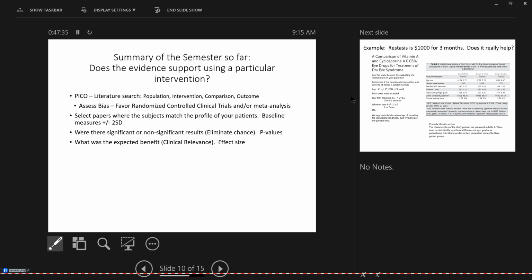So you can have people who start with dry eye, group 1, the Restasis group. This is their baseline. And then the next time you measure them, a little better.